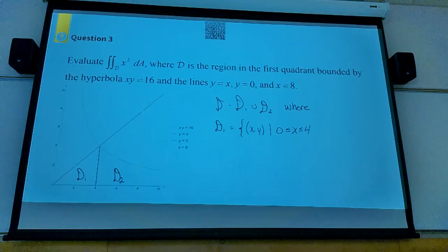And so for D1, we're going 0 to 4 for X. And over that region, the upper bound is X. And D2, X is going from 4 to 8.